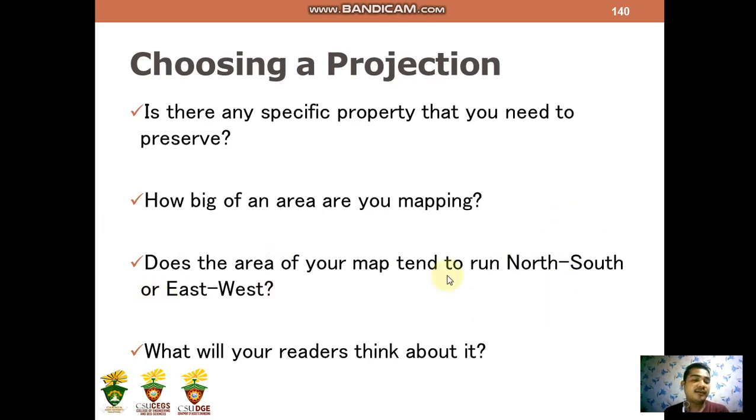So mao na imuhang next na tubagon. Next is what will your readers think about it? Kasi gi-expect sa imuhang audience na may mo output. So upon choosing a map projection, you need to do answering this checklist of question.